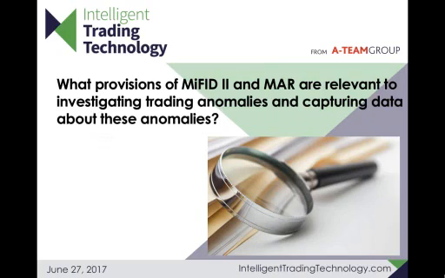When it comes to data, there are three key issues that come out of MiFID II and MAR: data capture, data storage, and data accessibility and availability. And this is where trade surveillance requirements merge between MiFID II and MAR.